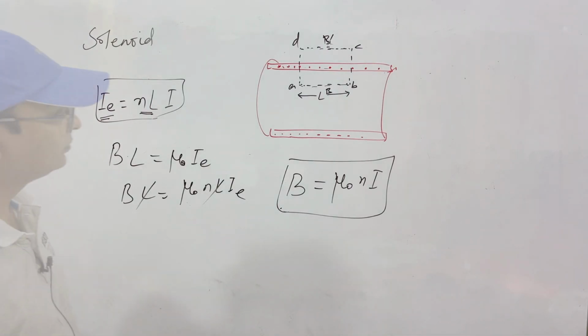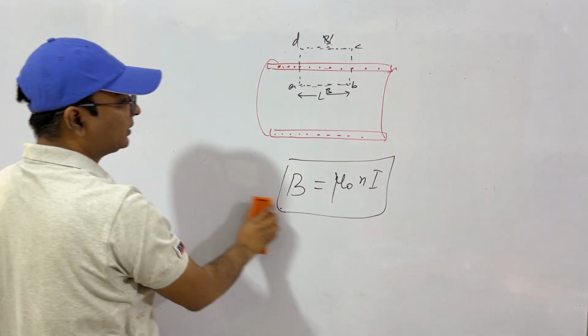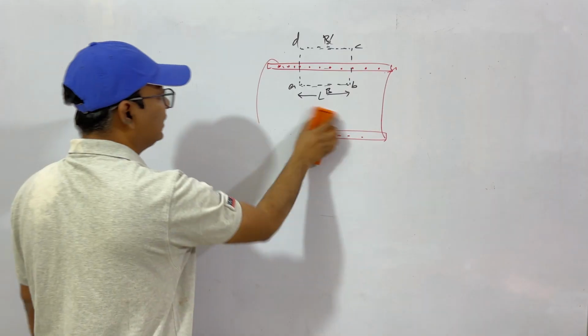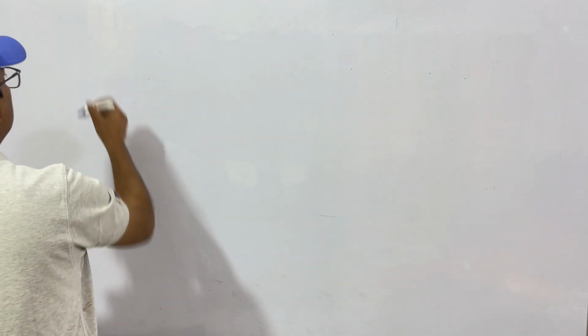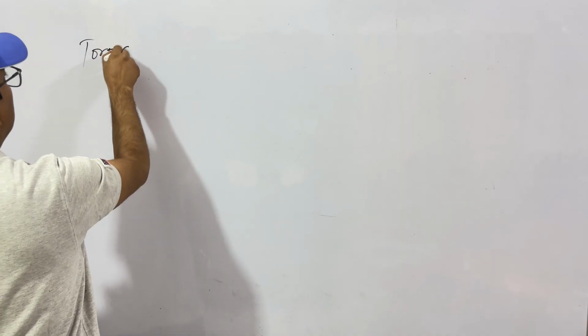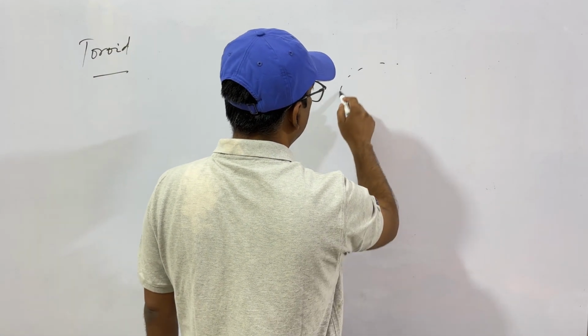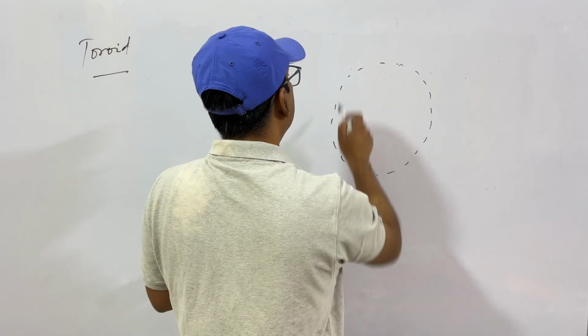Clear? Now let's talk of toroid. The expression here is B is mu 0 N I, where N is the number of turns per unit length, I is the current flowing. Okay. Now let's talk of toroid. I'm redrawing the picture properly. Let's say this is our toroid. So what will happen?